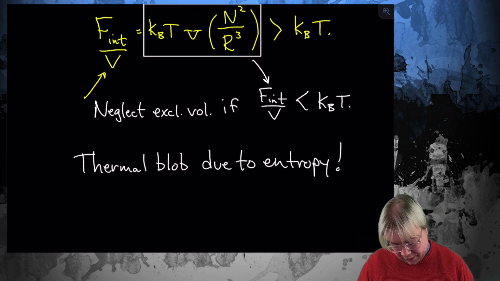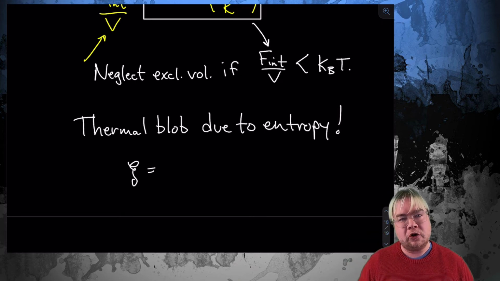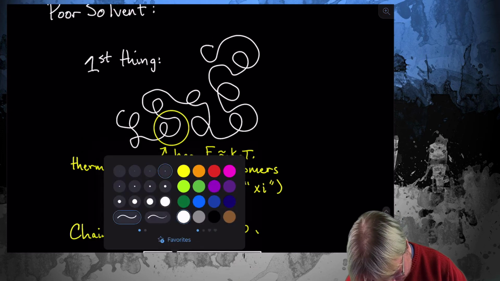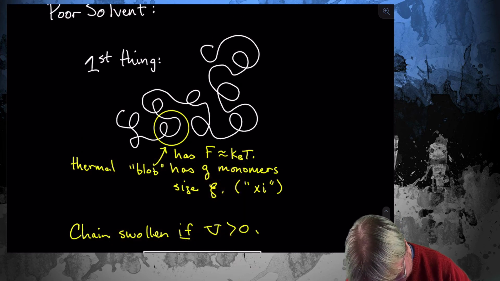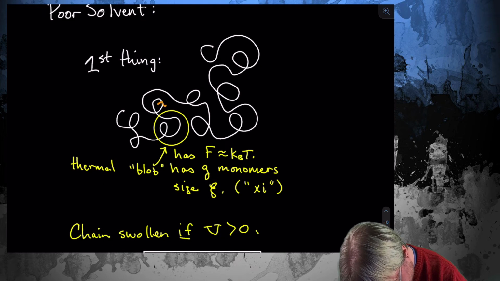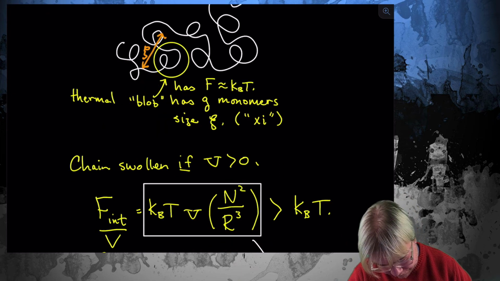Well, if its free energy is only due to entropy, then that means the size of my thermal blob is given by the entropic term. And we've already done that, right? It scales as n to the 1/2. So that means that the size of the thermal blob, which is equal to this, let me make this a little thicker. So this thermal blob here has that size, then it's only due to entropy.